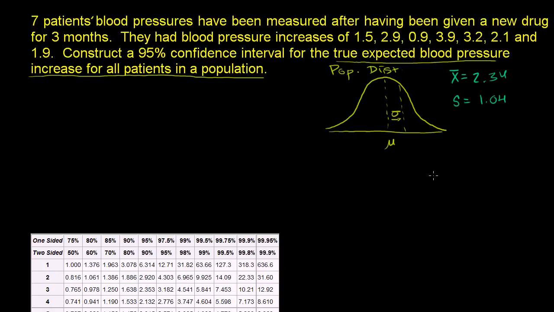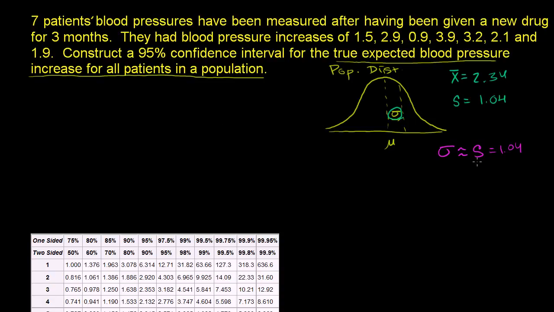And when you don't know anything about the population distribution, the thing that we've been doing from the get-go is estimating the true standard deviation of the population with our sample standard deviation. Now, in this exact problem, we're going to run into a problem.